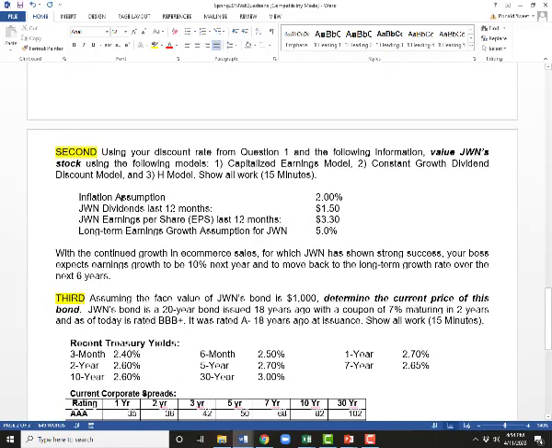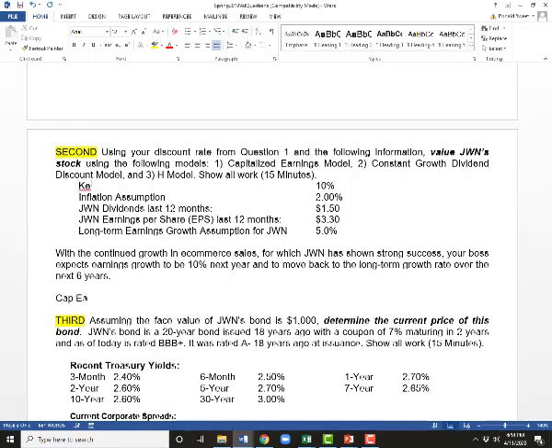So if our discount rate is 10%, we bring that forward into this question. And all we got to do is plug in some numbers here. So the cap earnings, you remember that is EPS times 1 plus inflation divided by KE minus inflation.